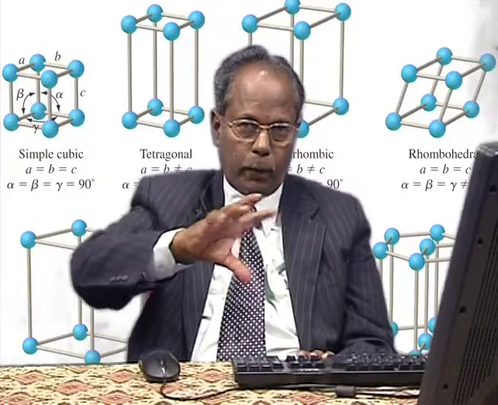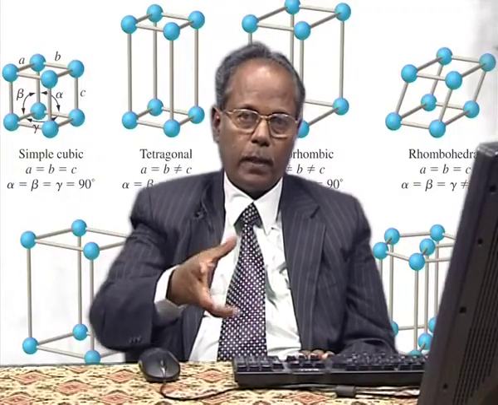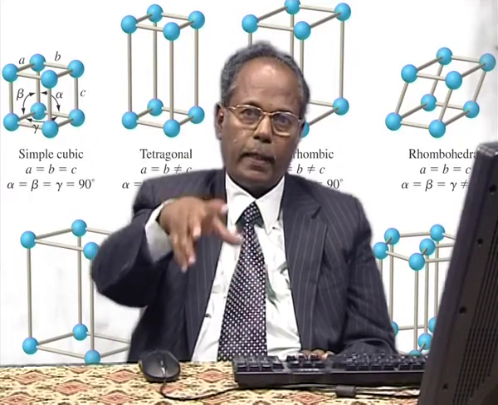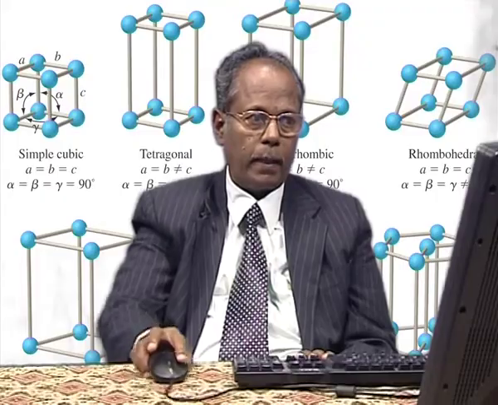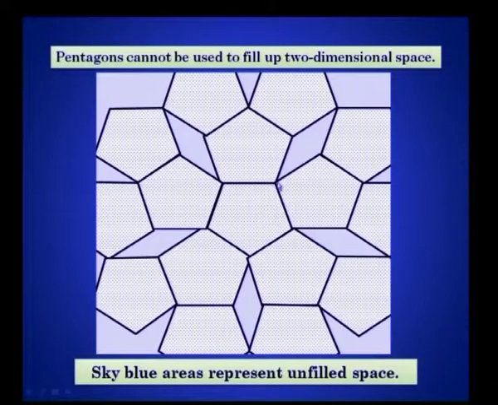The pentagon can be rotated through 72 degrees and I will be getting the pentagon back, but it is impossible to translate a pentagon. You have a pentagon here. If you translate a pentagon, where do you have this side? This side is not coming here, right? It has gone to this kind of position. So, this is the maximum that you can have with pentagons.